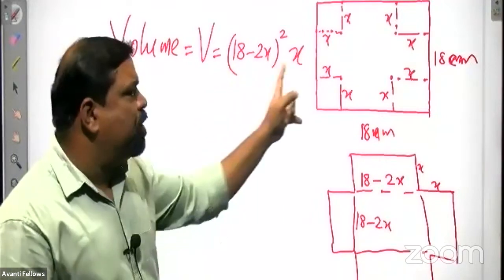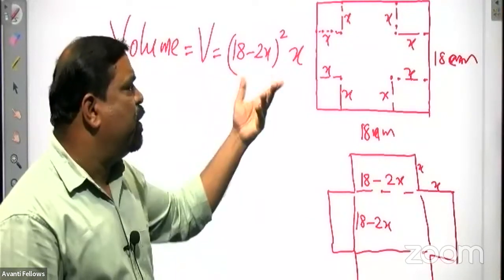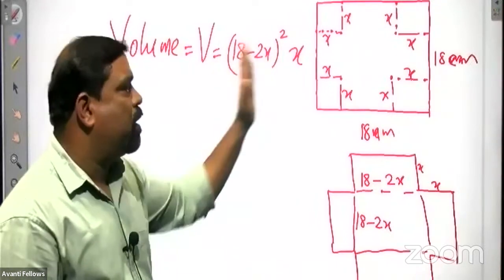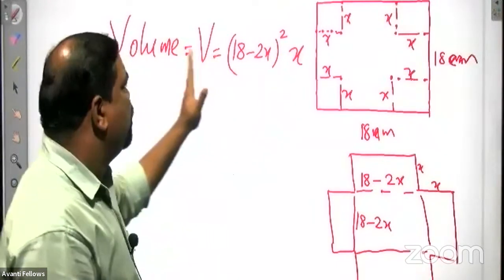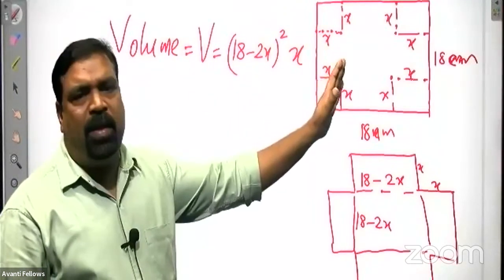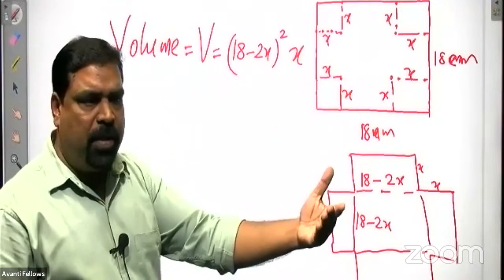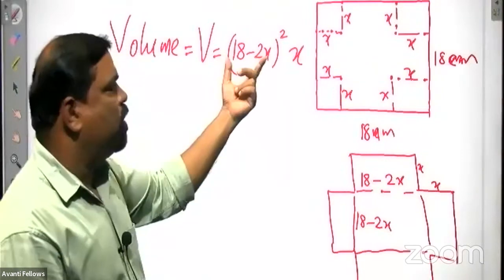For that, we have to differentiate. Differentiation you can do in your own way. Different methods are there. You can apply the product rule, otherwise sometimes you can expand it and make it a polynomial. That depends upon you. According to your convenience, you have to differentiate.